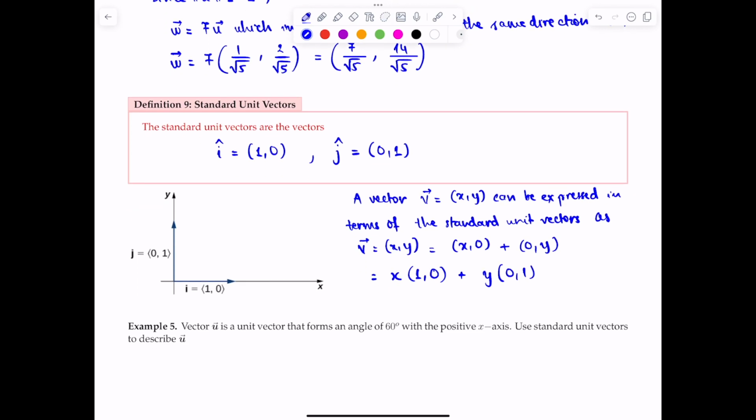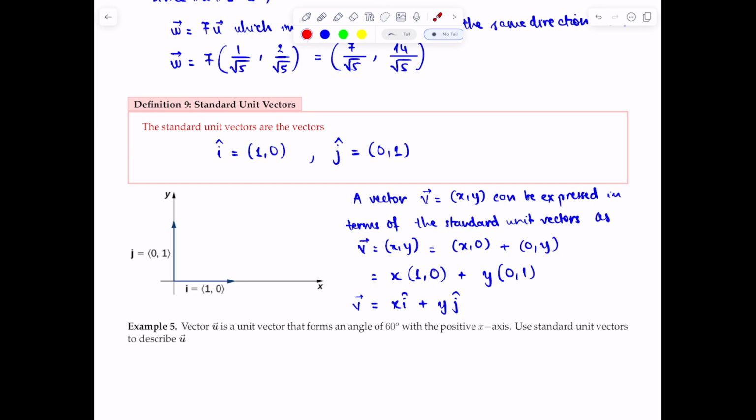Okay, when you write it this way, v is equivalent to x times i hat plus y times j hat. So not only can you write a vector in the component form x comma y, you can also express a vector v, or any vector for that matter, in terms of the standard unit vector.